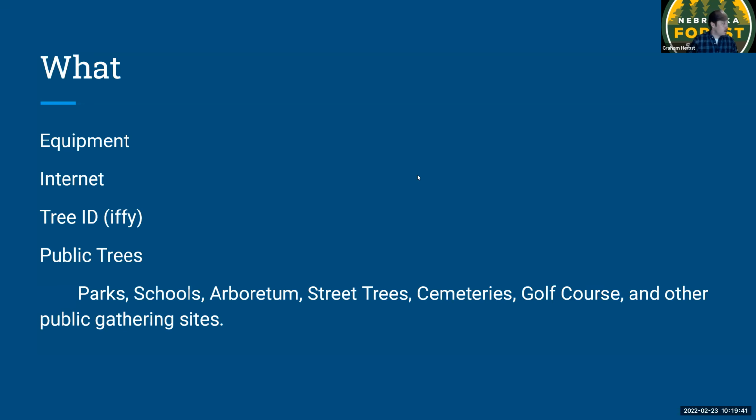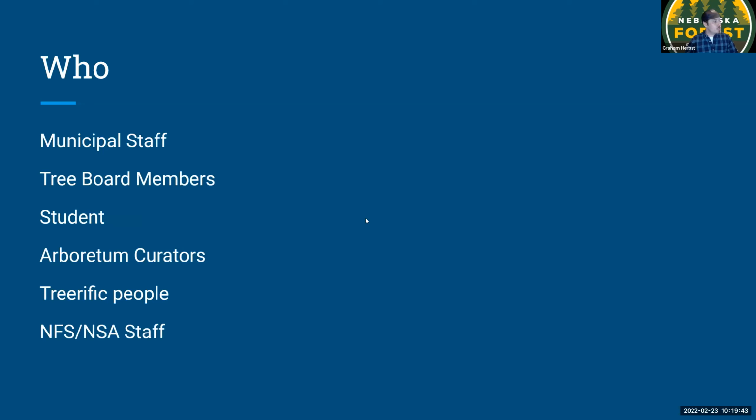Who? So obviously we're working with community partners to get this done. As we'll talk about in a little bit, there's a couple different scales of project that require different levels of involvement from us as an agency. But what's really important to remember is that we do have limited capacity to go out and do these inventories.